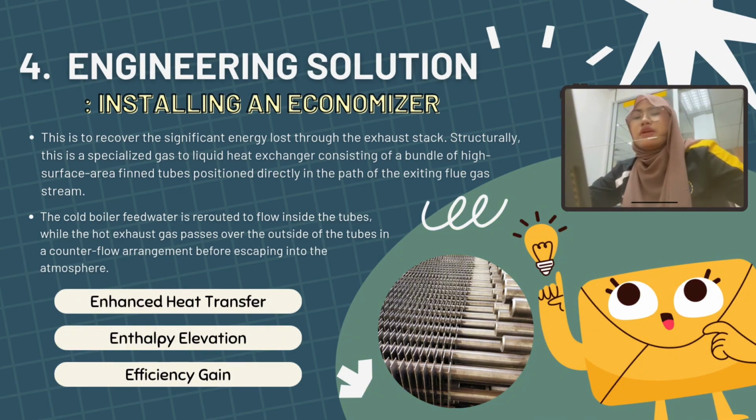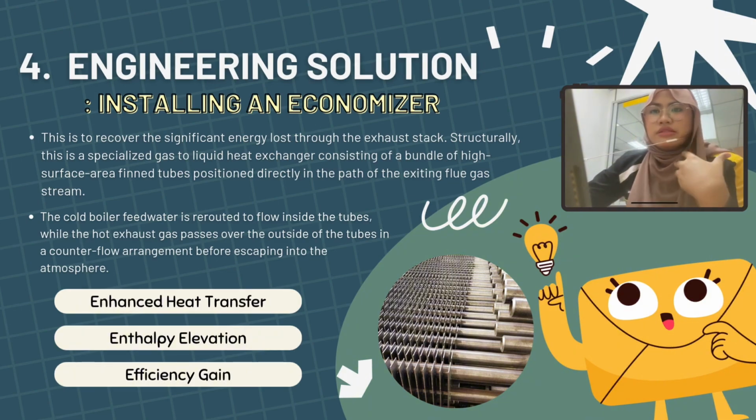How the thermodynamic principles support the solution is, first, enhanced heat transfer. The economizer utilizes the temperature gradient between the hot exiting flue gas and the cold incoming boiler feed water. Heat naturally transfers from the gas to the liquid across the tube. Next is the enthalpy elevation. By extracting this waste heat, the economizer preheats the incoming feed water.